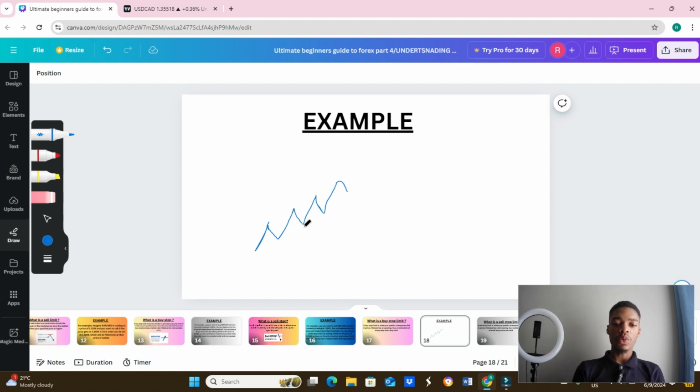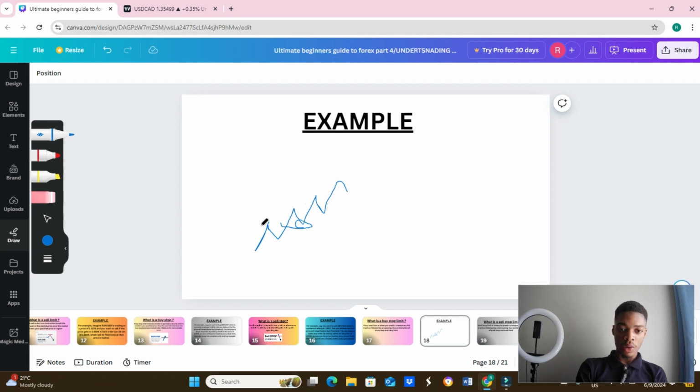What essentially I do here is set a buy stop limit somewhere about here. The drawing is not good, but we set a buy stop limit right here. So when price taps into this level, then automatically I'm in the trade. I know the market moves in a direction like this, making higher highs and higher lows in an uptrend, but I want to trade when the market has pulled back. I don't want to catch these highs right here.